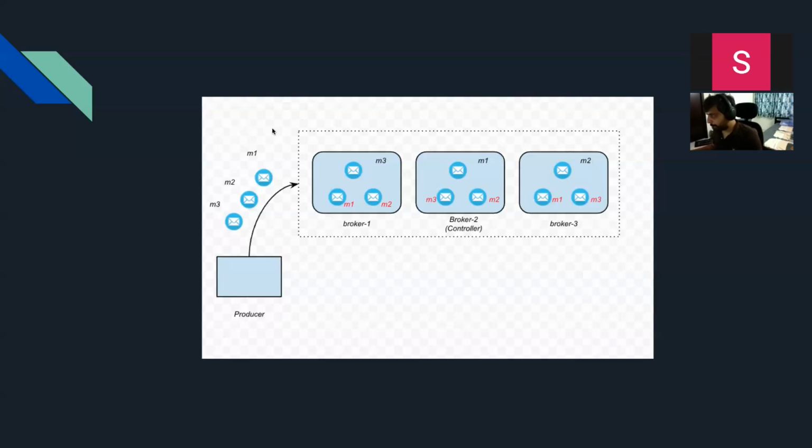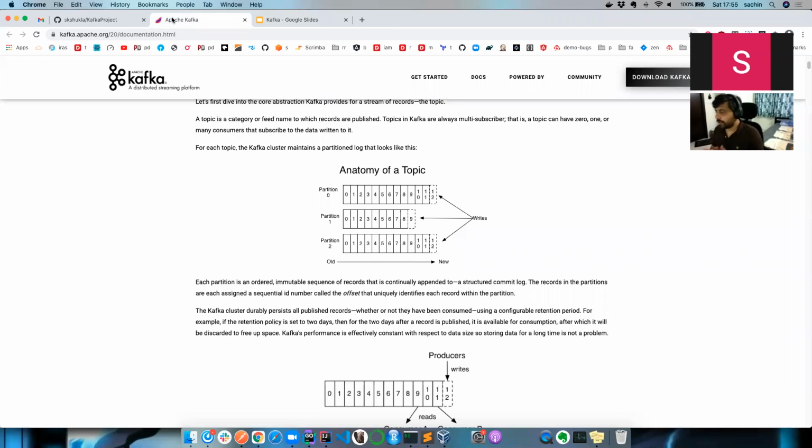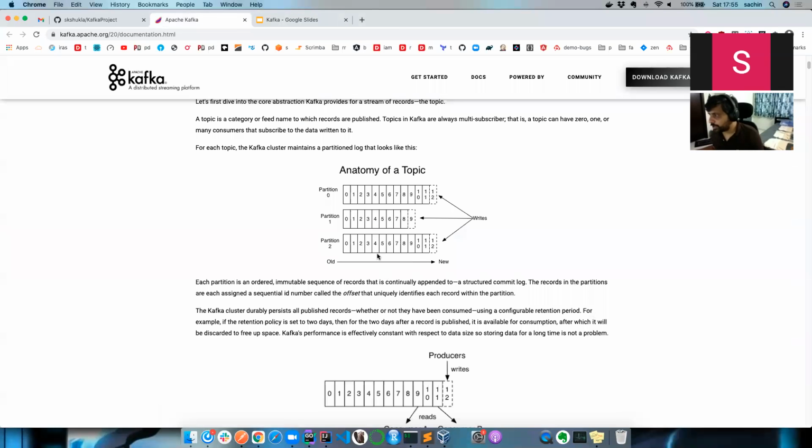Before that, I just want to show you that whenever we are pushing a message into a topic based on the key, it always lands in one of the partitions. So if you have already seen here, message 1, based on the key, goes to broker 2. And what is a partition?